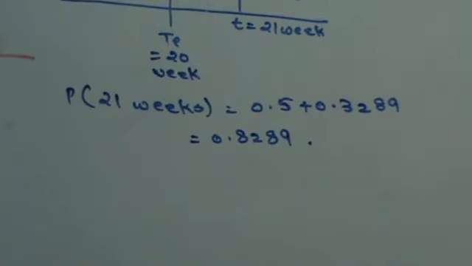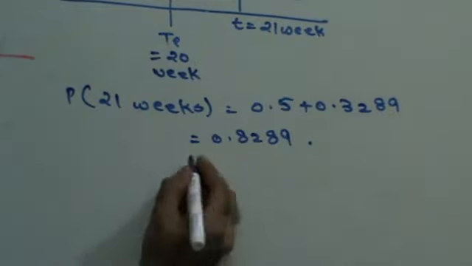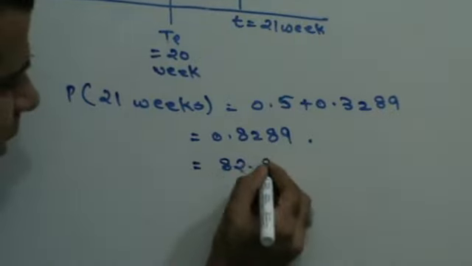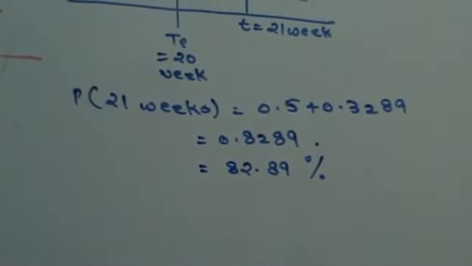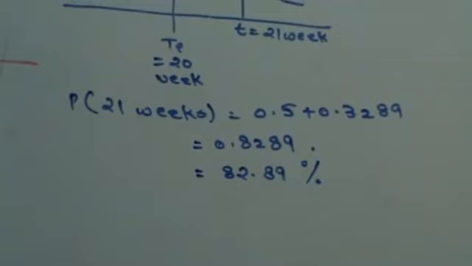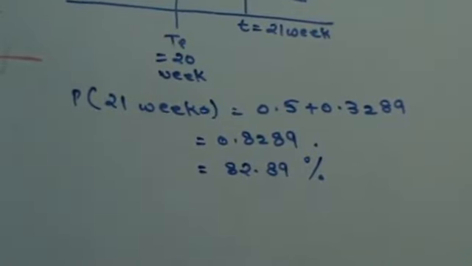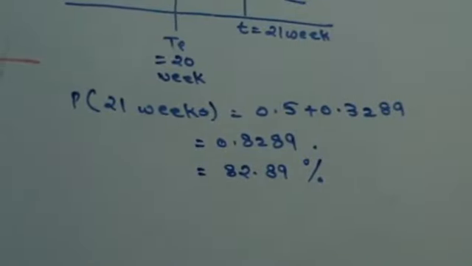If I have to represent this in terms of percentage, I multiply by 100. So the probability that the project will be completed in 21 weeks is 82.89%. Fine, do we get this thing clear?